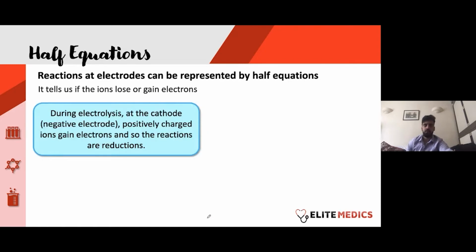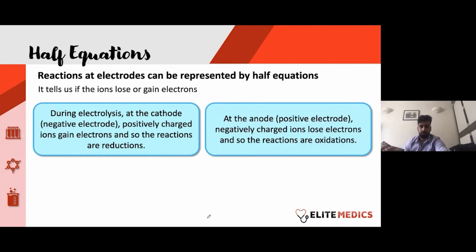Now, what the electrons are doing in a half equation, it tells us if the ion is losing or gaining electrons. Okay. So just remind yourself that at the anode, at the positive electrode, the negatively charged ions that get attracted, they will lose their extra electrons, and so the reaction is oxidation. Yeah, it's an oxidation reaction.